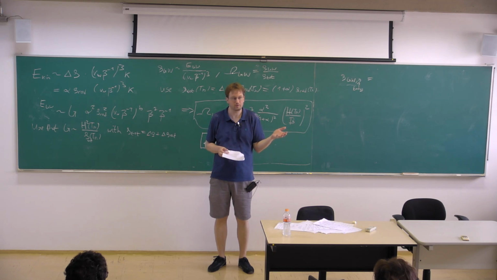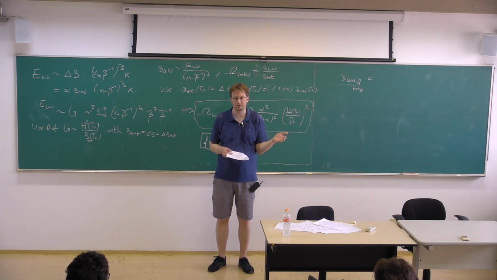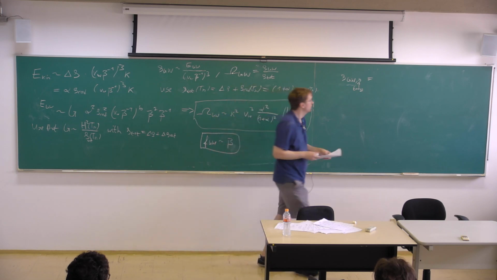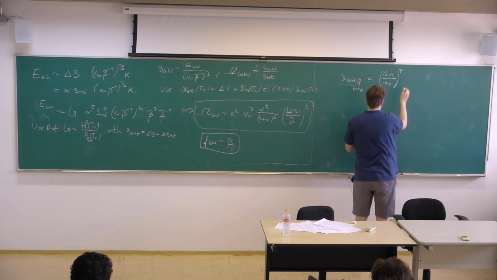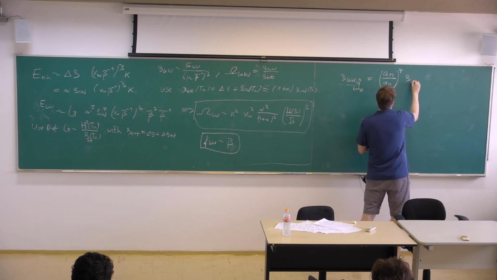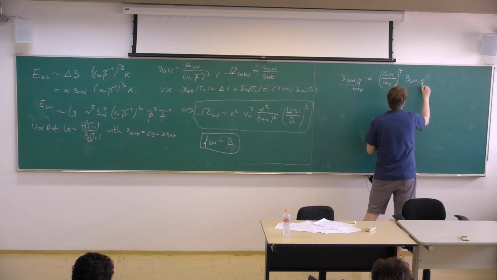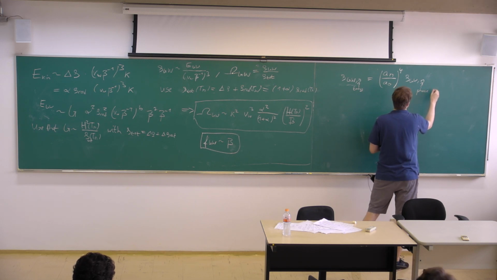They're like photons, so they scale like photons. With the expansion of the universe, the energy density scales like the scale factor to the fourth power. So let's get this, a factor of this divided by that. So this is at phase transition, the energy density at the phase transition.